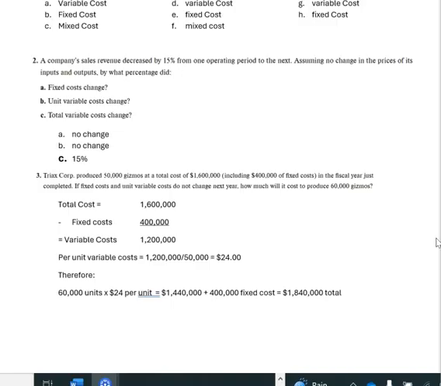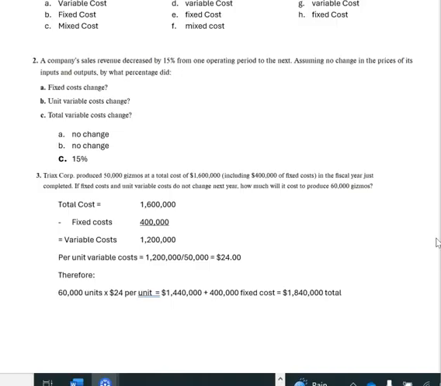So if revenue went down by 15%, the variable costs associated would have gone down by 15%. Okay, so number three, Triax Corp produced 50,000 gizmos at a total cost of 1.6 million.